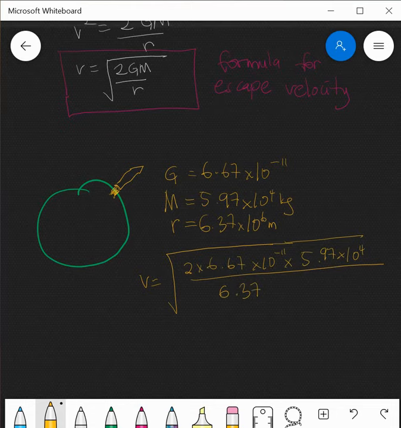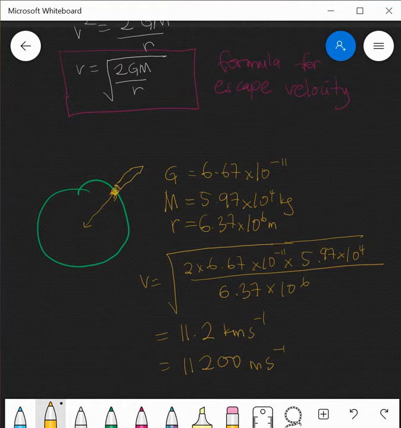Kenapa radius sahaja? Sebabnya objek tu memang betul-betul dekat atas bumi. Okay, 6.37 times 10 to the power of 6. Awak masuk dalam equation, awak akan dapat 11.2 km per second. If you convert this, awak akan dapat 11,200 meter per second.